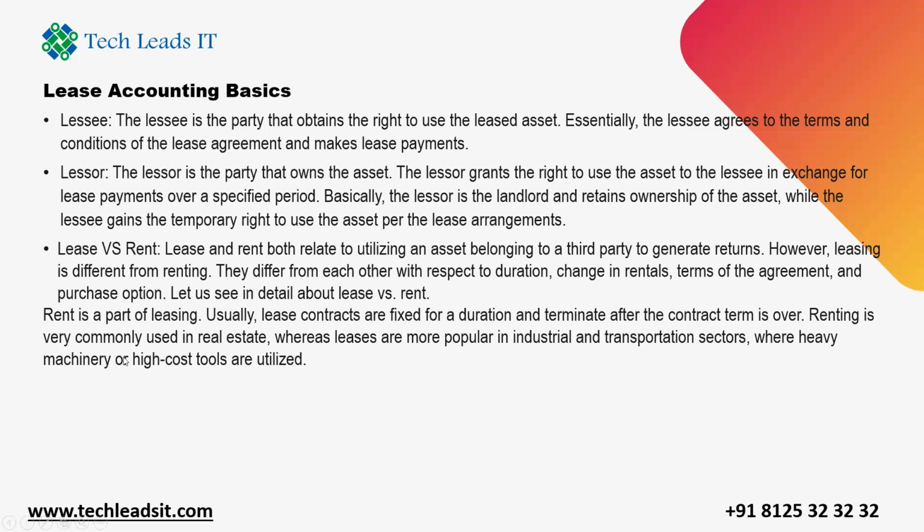Whereas these lease activities mostly happen with heavy machinery and high-cost tools. Most of the leases we see in the common world are for generator sets. Normally you go for generator sets for marriages and all.